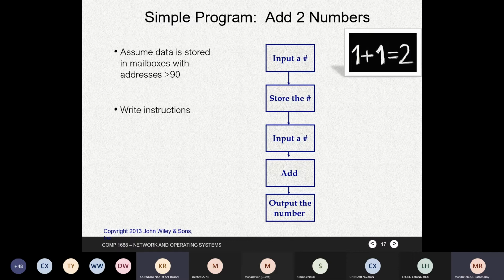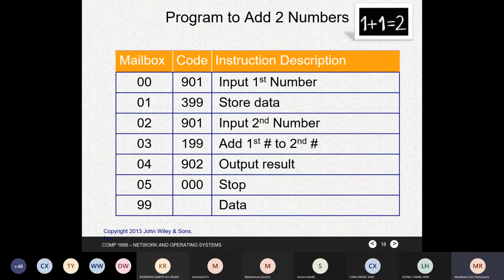So you just want to display, like what I did on the Excel just now, 2 plus 2 equal to 4. You just use the processor to calculate, but you are not using the memory. If you want to save it, then you need to store this number also. Right now it's in between the processor and the display. That's it.